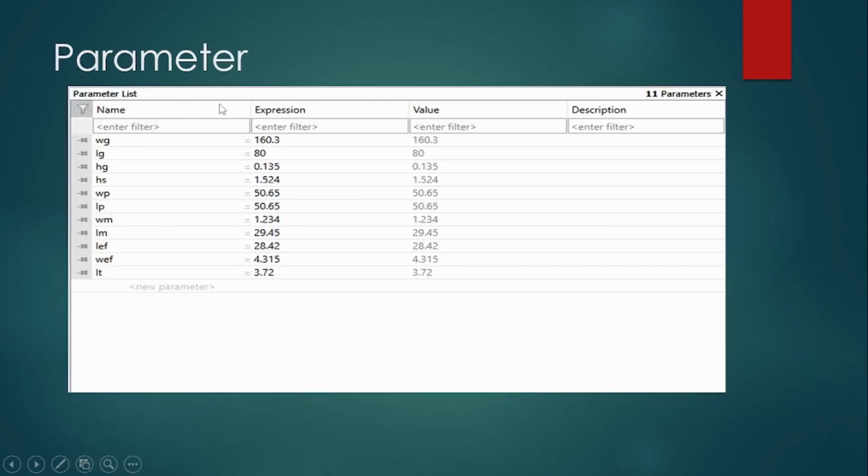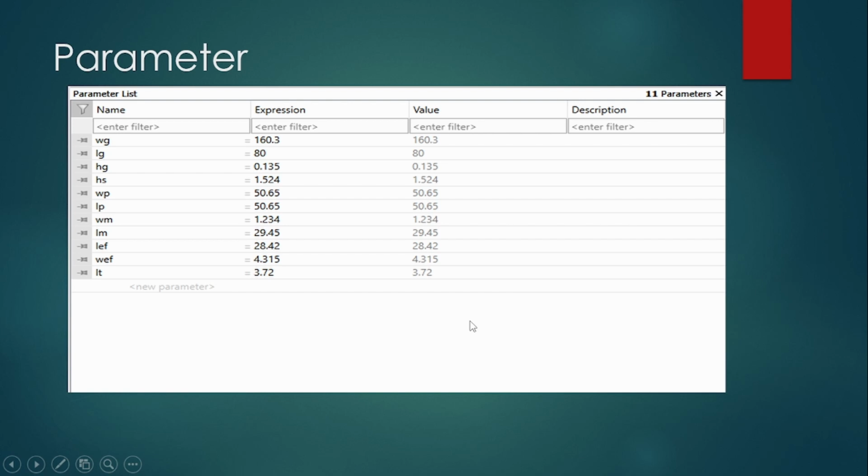These are the parameters we use: WG 116.3, LG 8T, HG 0.135, HS 1.524, WP 50.65, LP 50.65, WM 1.234, LM 29.45, LEF 28.42, WEF 4.315, IT 3.72.